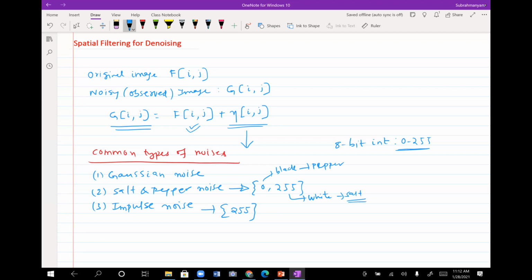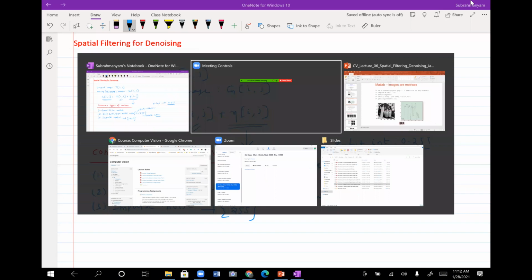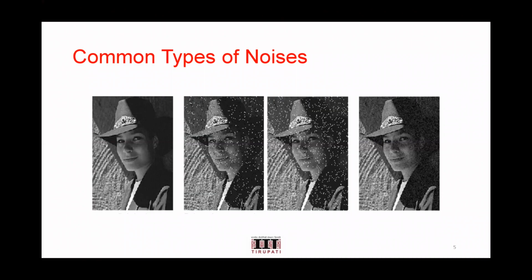Let me again show you some images that got corrupted with these kinds of noise. The left-hand side image is the original image. What kind of noise got added in the second image? You could notice there are certain regions that are either black or white. That is how the intensity values of the pixels got modified.